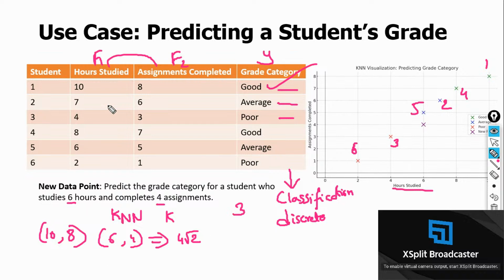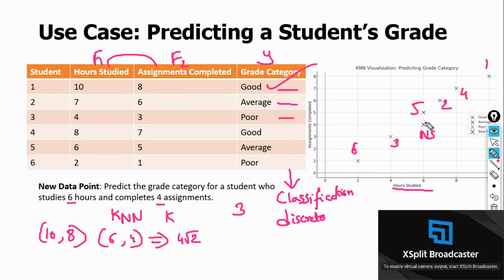In the same way, I have to calculate for 6 comma 4 with the second student, third student, fourth student, fifth student, sixth student. I'll do the same process for all the students and I'll get the distances calculated with respect to each student. So I have marked the new student here, 6, 4.